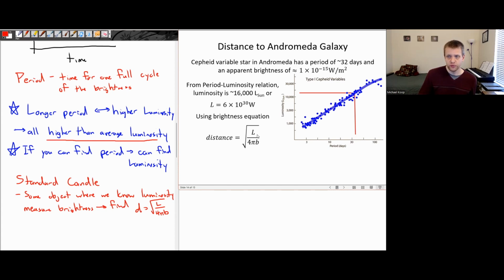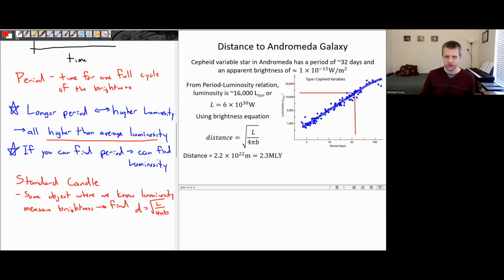So if I've got the luminosity and I have the apparent brightness, we can run this equation and calculate the distance to this star, which, if you convert it to light years, is about 2.3 million light years away from us. Now, remember that the disk of our own Milky Way galaxy is only about 100,000 light years across.